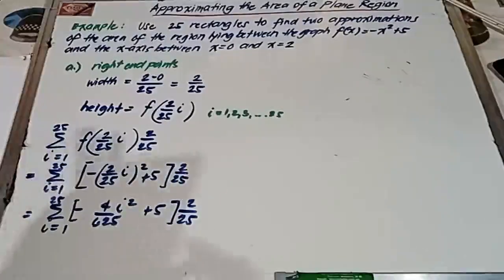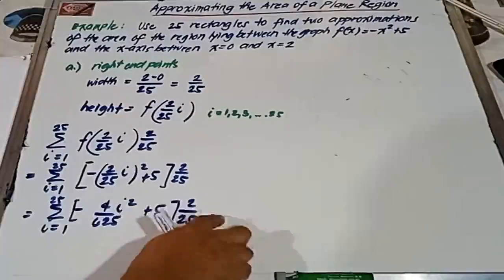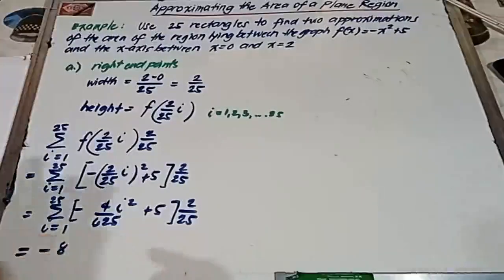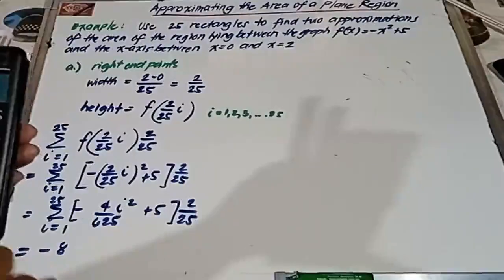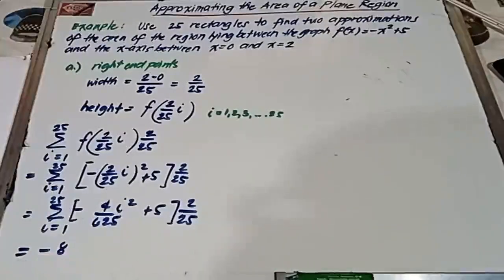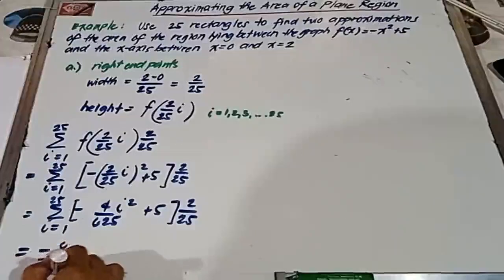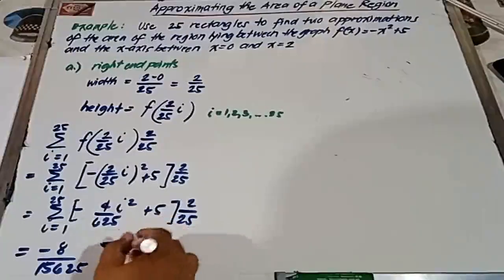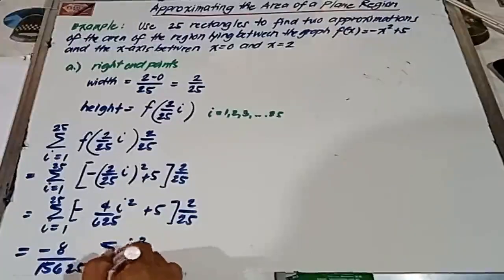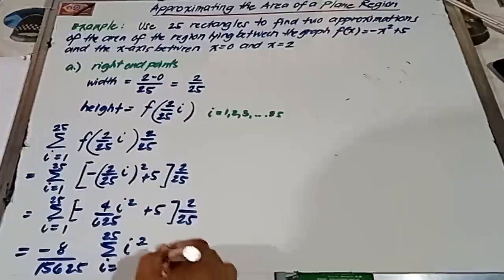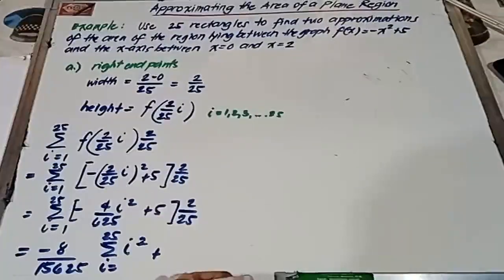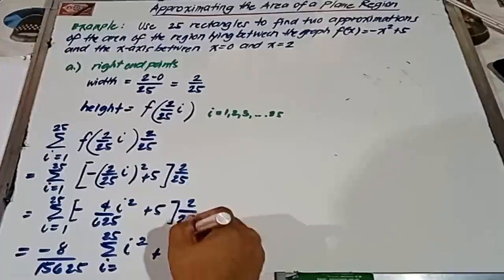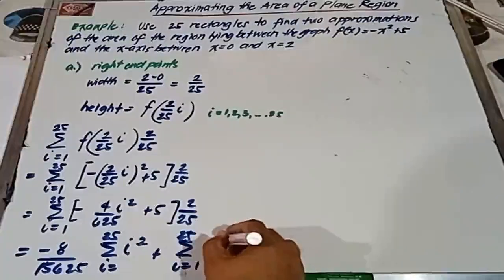So we have 2 times negative 4 is negative 8. 25 times 625, we have 15,625. Negative 8 over 15,625 summation of i squared, from i equal to 1 to 25, plus 2 over 25 times 5, that is 2 over 5, summation of i equal to 1 to 25.